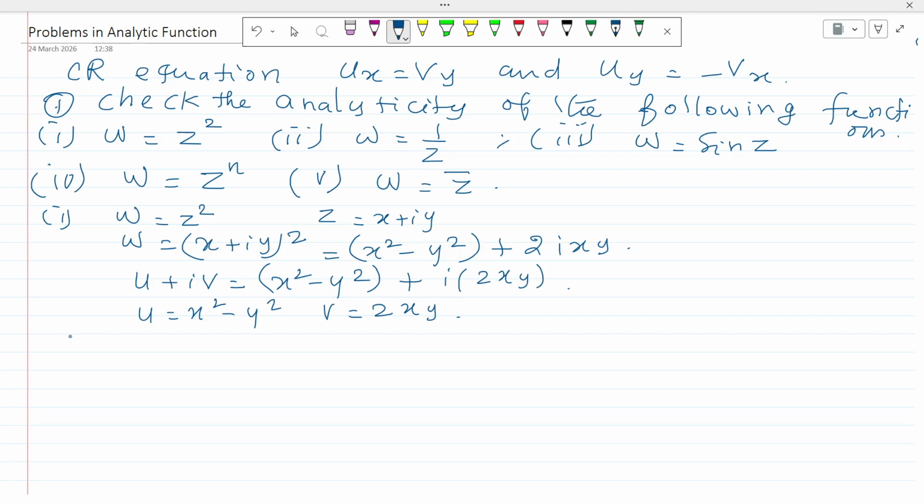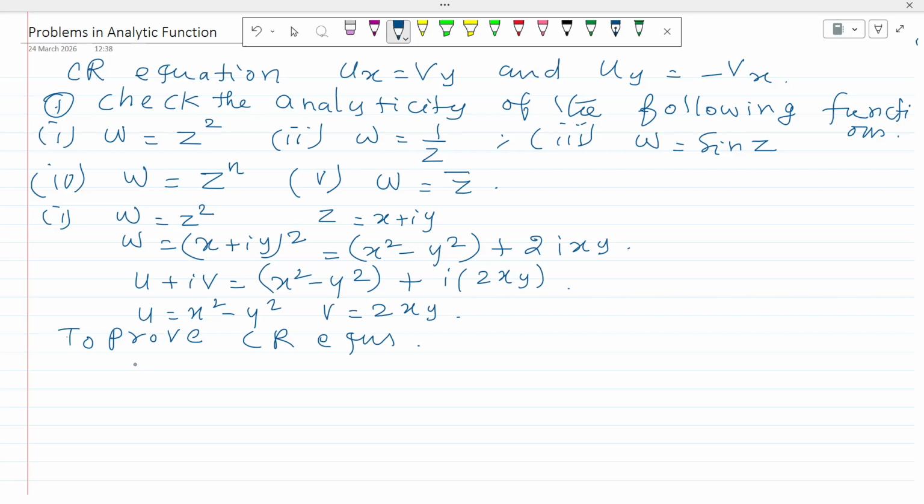What we have to prove? To prove CR equations. So what are the CR equations here? ux equal to vy, uy equal to minus vx. Is it not?